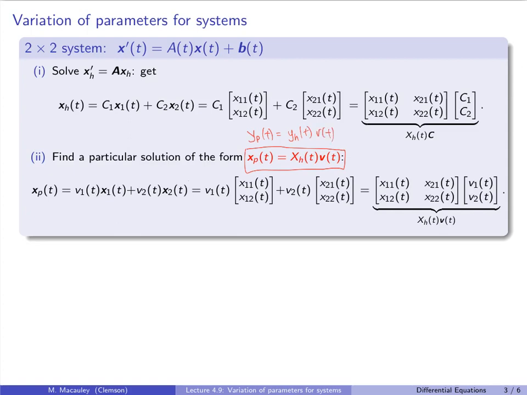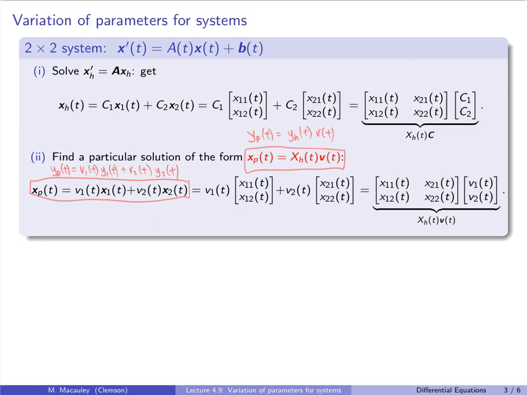And now recall what we did for second order ODEs. There we had yp of t equals v1 of t times y1 of t plus v2 of t times y2 of t. And that is completely analogous to this. So in some sense, this is completely analogous to both the first and the second order case, depending on whether you write it in matrix form or in vector form like this.